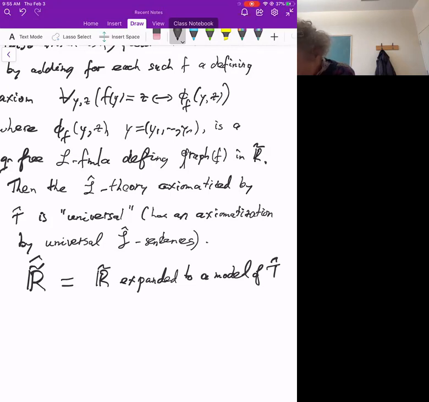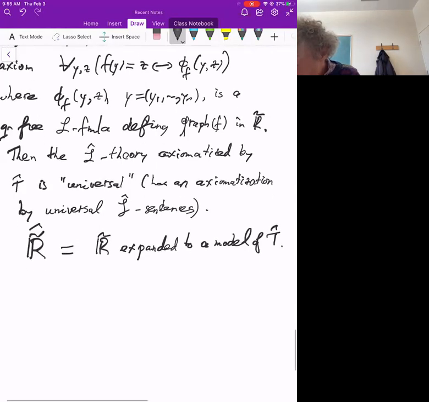Right. It's basically just R tilde where you give a meaning to the new function symbols according to the defining axioms that I wrote down.